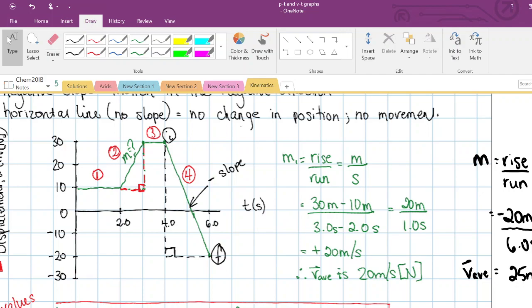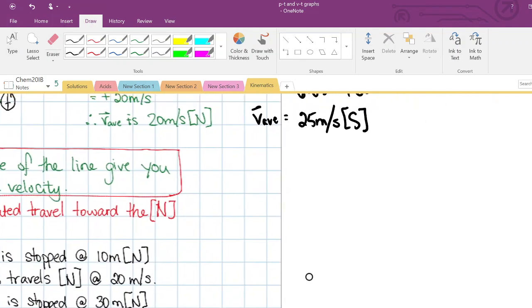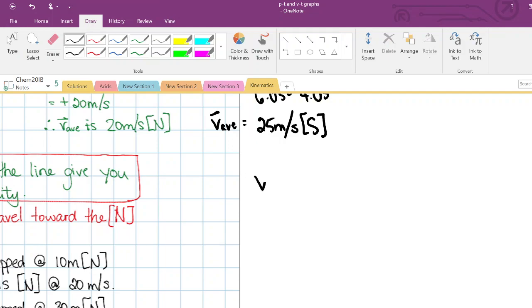And so here, I'm going to move over here to the side. And this is for 0 to 6 seconds for the entire trip. And that's my rise, which is my displacement, over my run, which is my time.